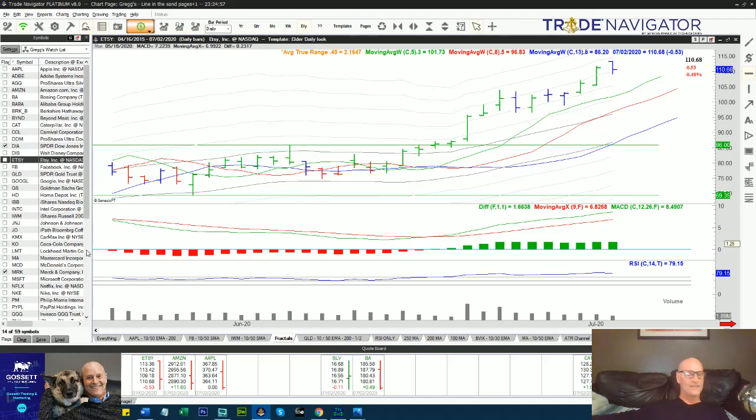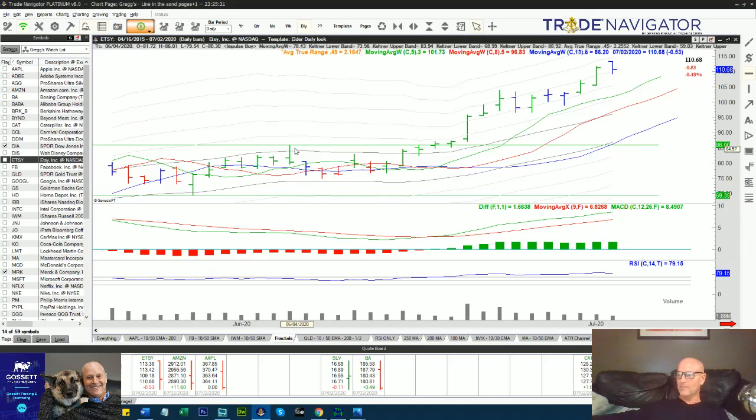He just waits for the setup and then he takes it. So again, this bar here would be a fractal to the downside because we have a low with 2 higher lows to the left and 2 higher lows to the right.